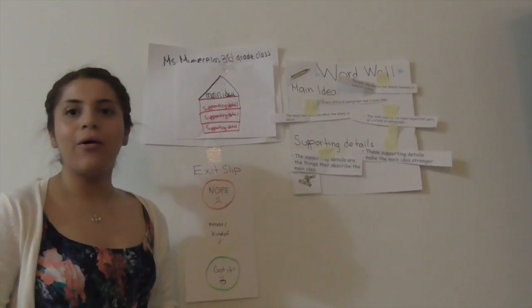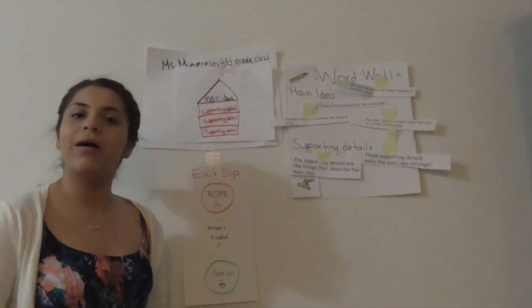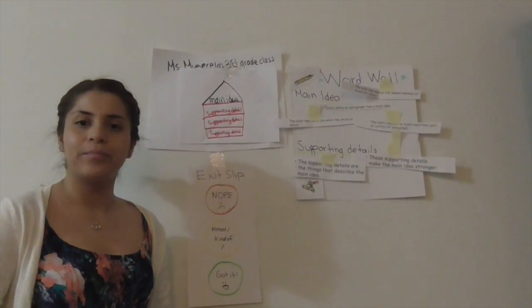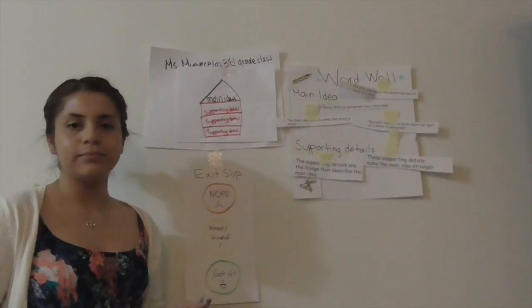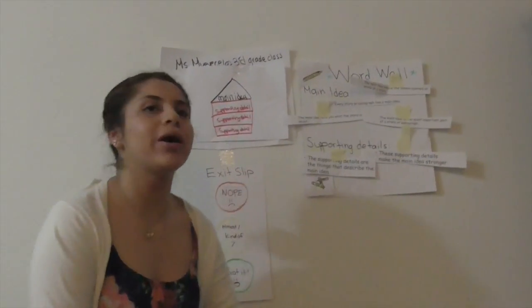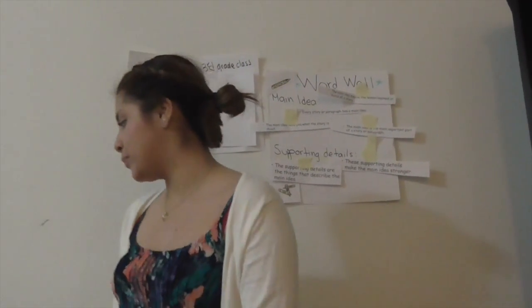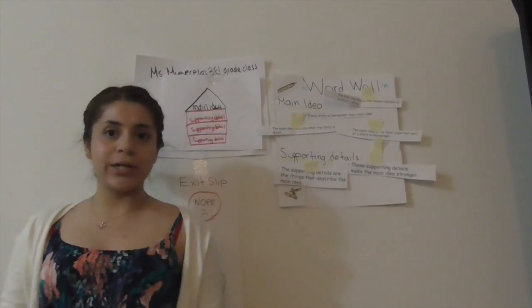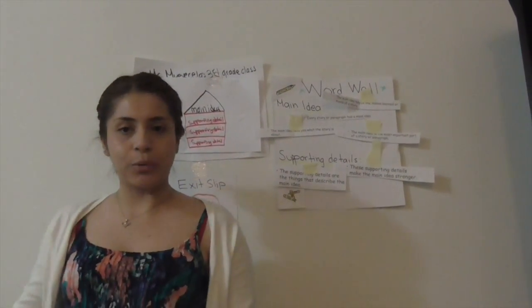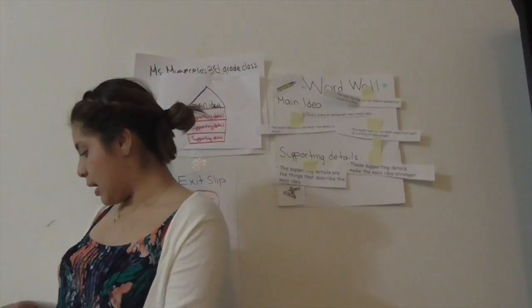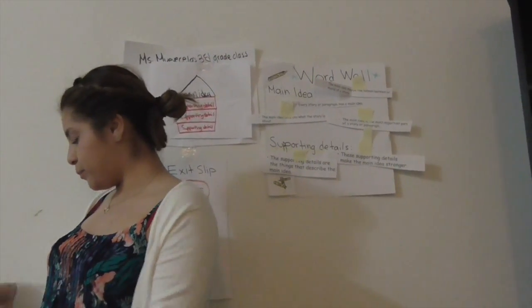Alright, so now, does anybody have any questions so far about main idea and supporting details? Nobody? Okay, so now we're going to move on to our next activity. Now that you guys are experts at being able to find supporting details and main idea, I have a challenge for you.